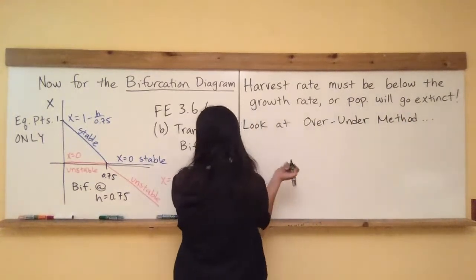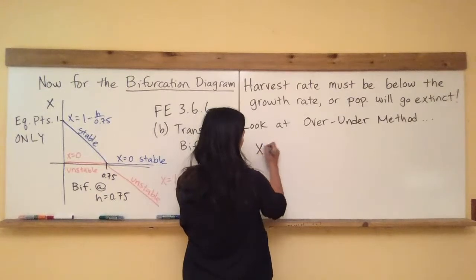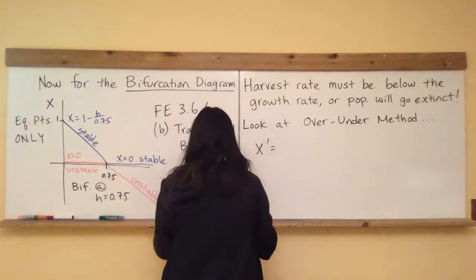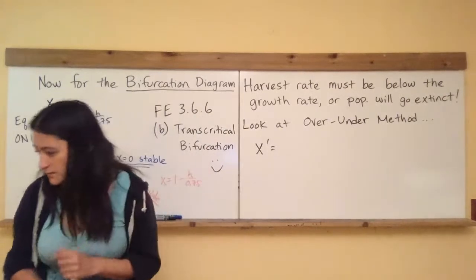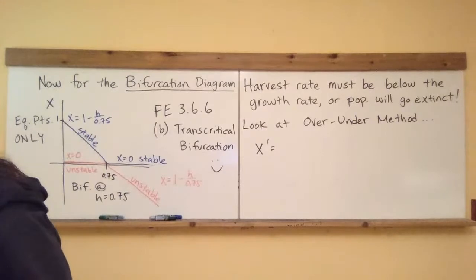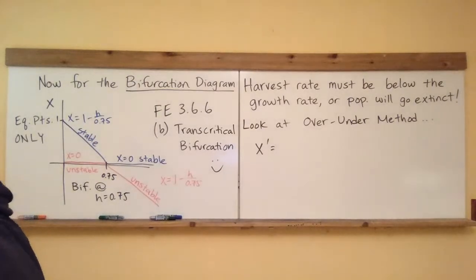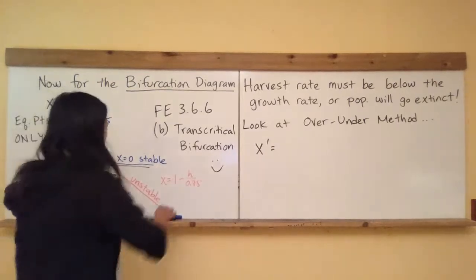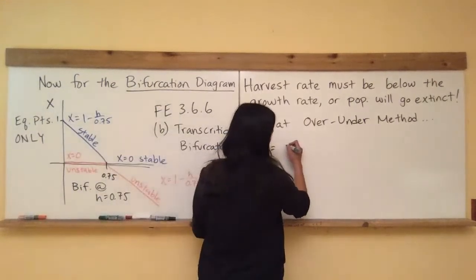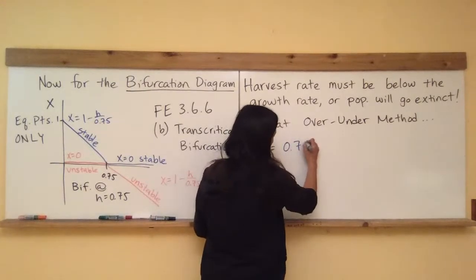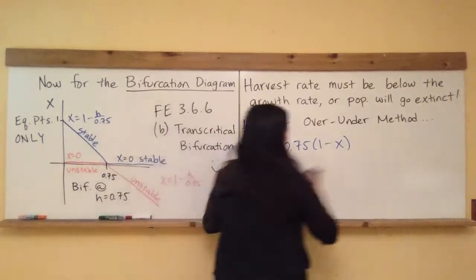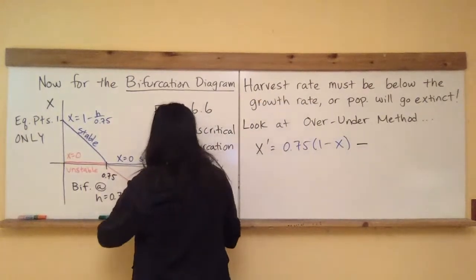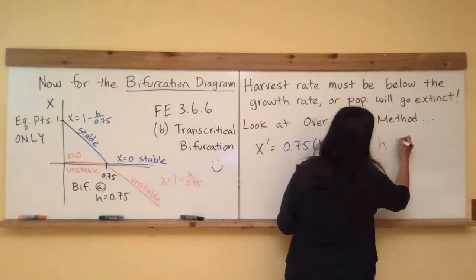Okay, and how to start the over-under method would be to just copy down the equations again, but I'm going to use different colors. Okay, I can't remember what I used first and second before. Okay, I see, right. So I'm going to use blue for the logistic term. So we have 0.75 times 1 minus x in blue, and then minus hx.